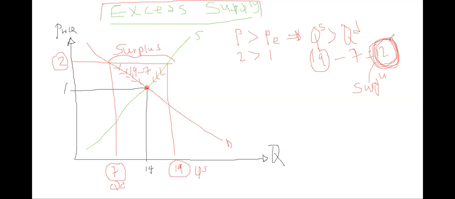The competition among them will force them to reduce the price from 2 to 1. So at the end of the day, the market will always gravitate. If the price is above, the market will gravitate towards here. If the price is down, because of the competition among sellers, the price will go up.